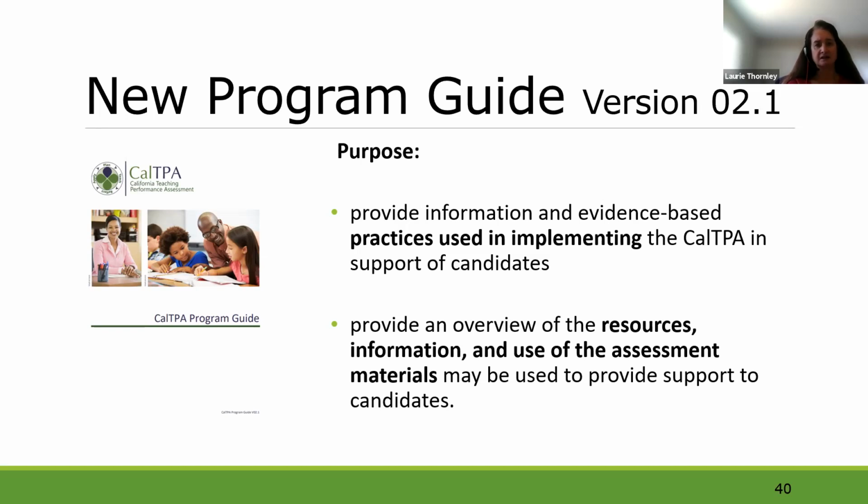This guide is available for download on the faculty resource webpage, but we also put it on the candidate-facing assessment materials page as well. Candidates are welcome to download this guide and look at it as well. So we highly encourage programs to use this companion guide as an additional support.